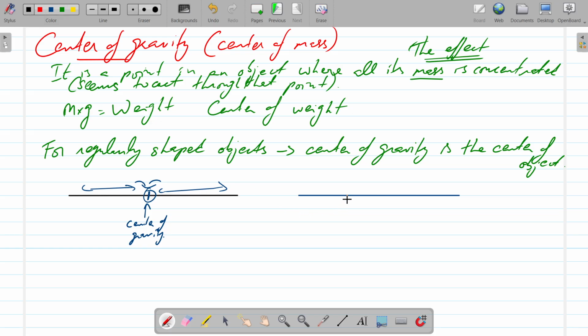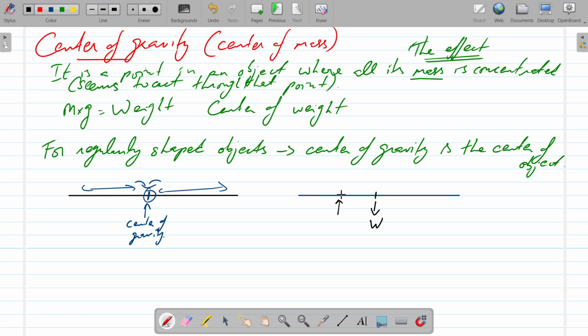so if you try to balance the ruler from here, and so this is not the center of gravity, and so what's going to happen is, you try to balance it from here, but again eyeballing it about this, okay, this is the center of gravity, so the weight of the object is acting through this point.